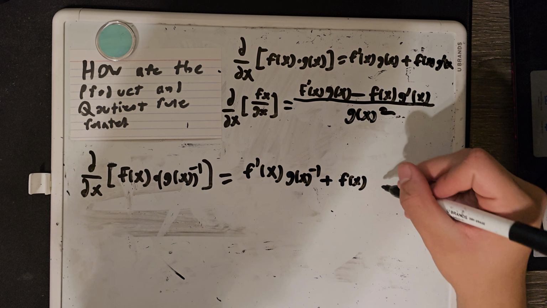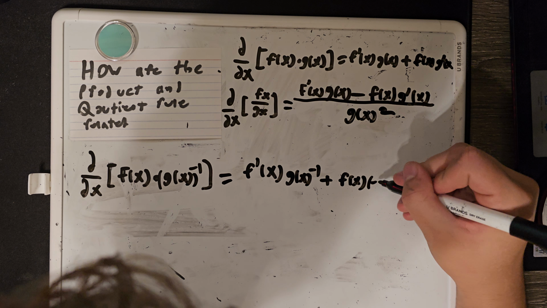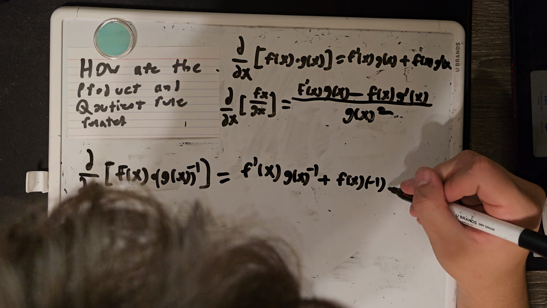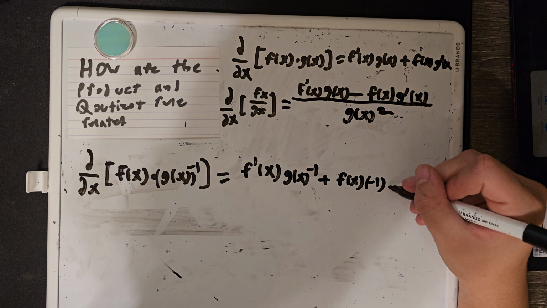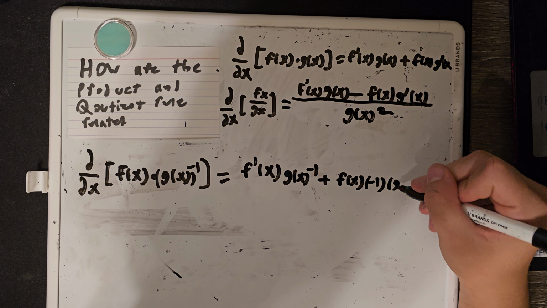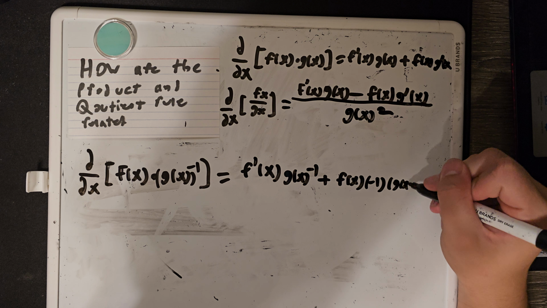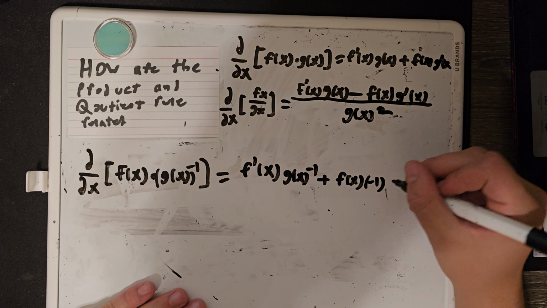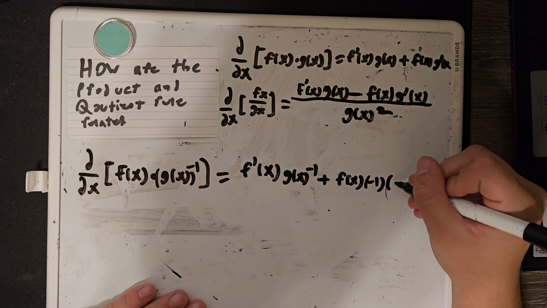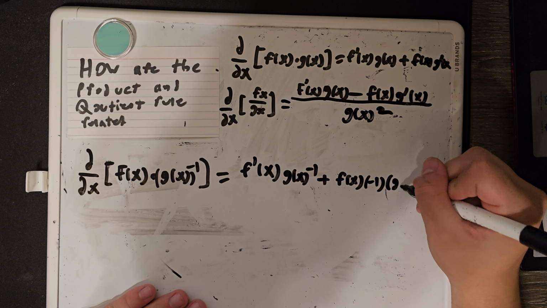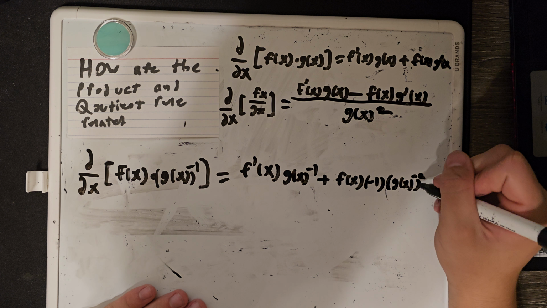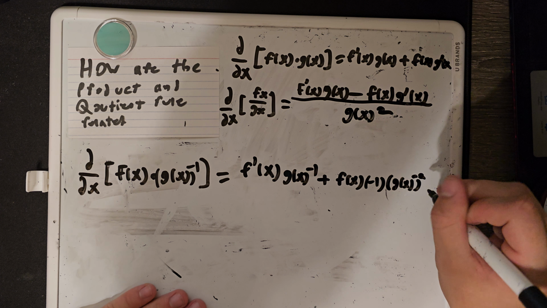We move the negative 1 down, so negative 1 times g of x to the negative 2, because we're subtracting 1 from negative 1. So g of x to the negative 2 times g prime of x.